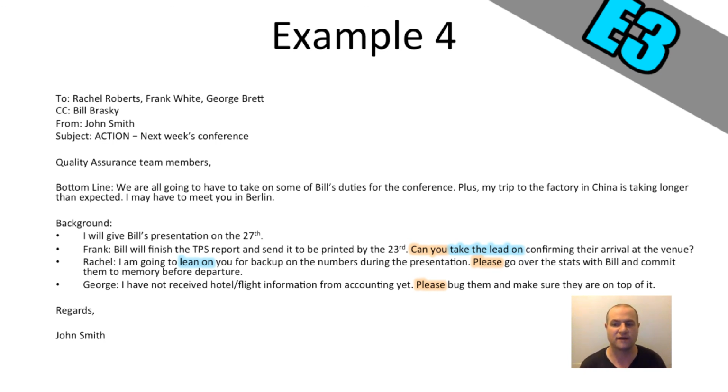Plus, my trip to the factory in China is taking longer than expected. I may have to meet you in Berlin. So we all have a little extra work to do because Bill can't go to the conference. In addition, I am not even going to be in the office myself. And then the background information is where this person, who's probably the manager, gives out the extra duties to the team members. This is how we're going to share the duties to make up for Bill not going to the conference.